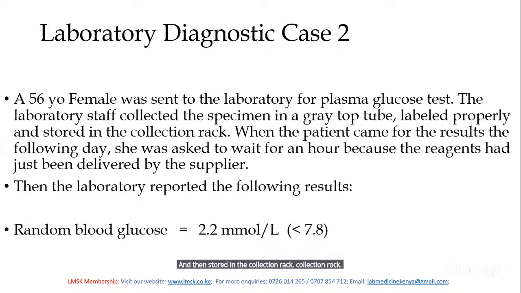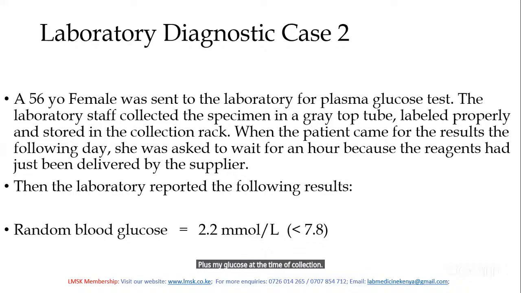The patient came the following day after 24 hours. Then after asking for the results, she was asked to wait for an hour. Why? The reagent had just been delivered. So the laboratory had no reagents for plasma glucose at the time of collection.